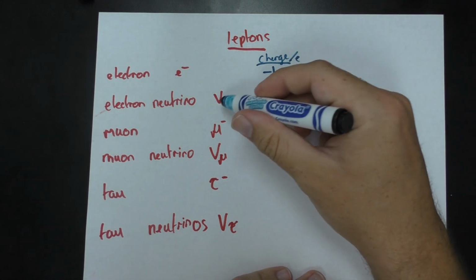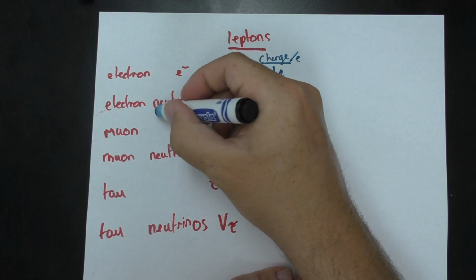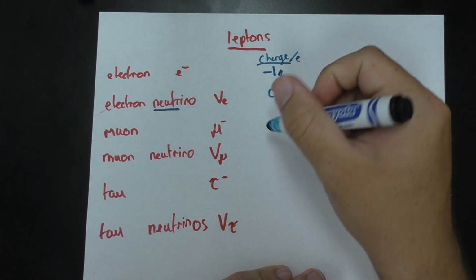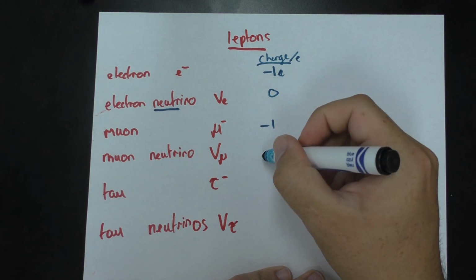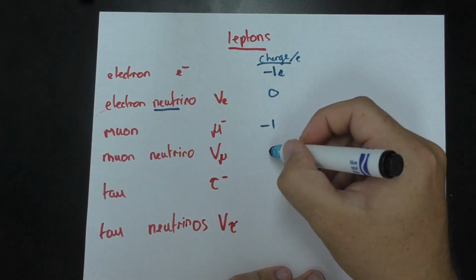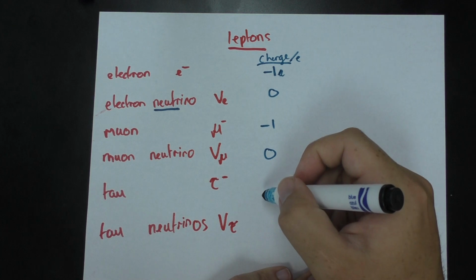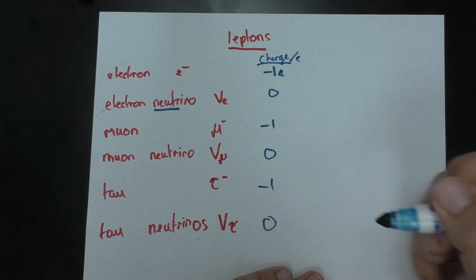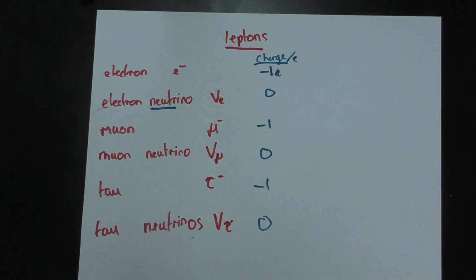So this is a neutrino. The key in the word is neut. Guess what the charge is? 0. Muon, -1. Muon neutrino, neut. Hints in the name, 0. Tau, -1. Tau neutrino, 0. So obviously you need to be aware of these charges.